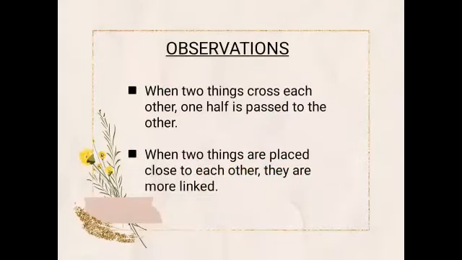So, if I try to summarize the observation we saw in the previous 2 pictures, it is that when 2 things cross each other, one half is passed to the other, and when 2 things are placed close to each other, they are more linked.